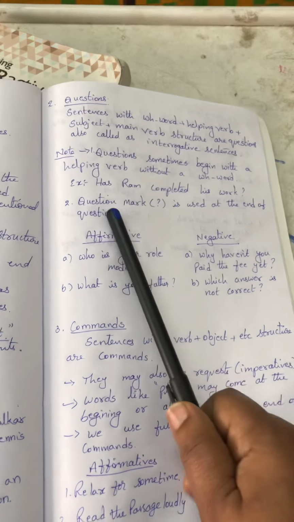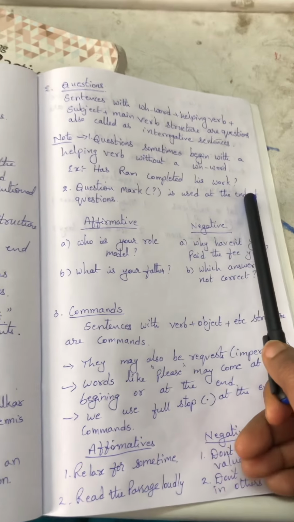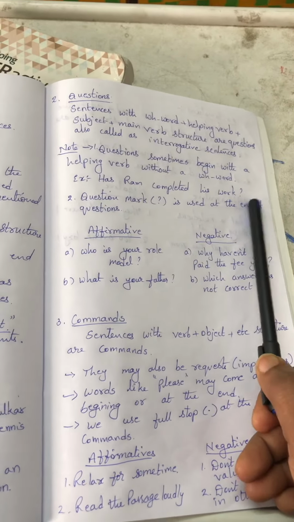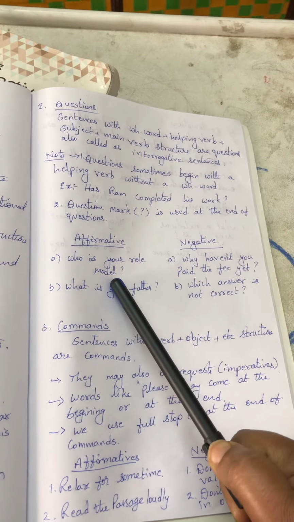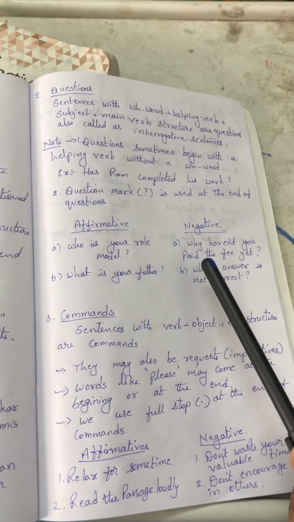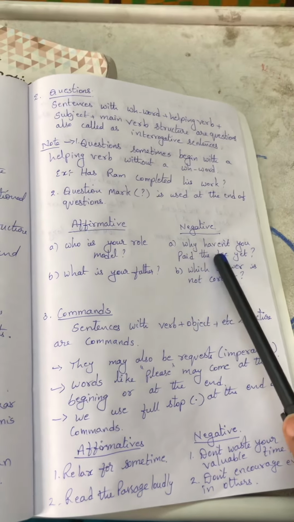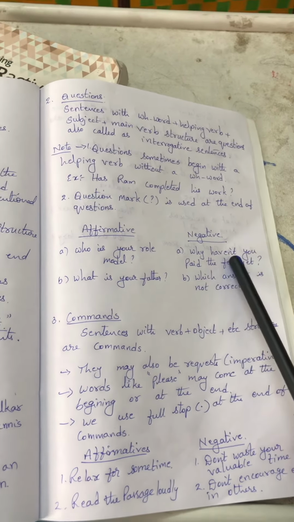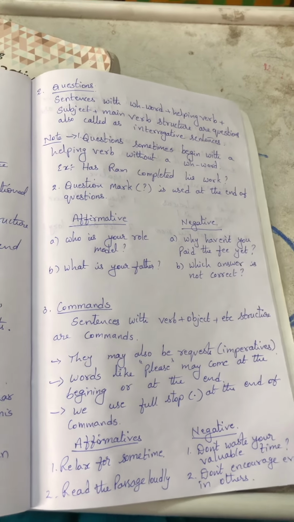So sometimes without the WH word also we will frame the question. Take the example, who is your role model? It is a positive question. And why haven't you paid the fee yet? Haven't is have not. So here not is used, it becomes a negative question.